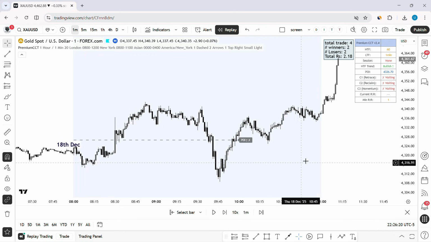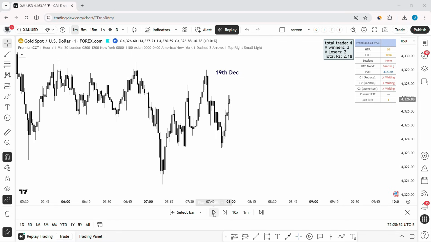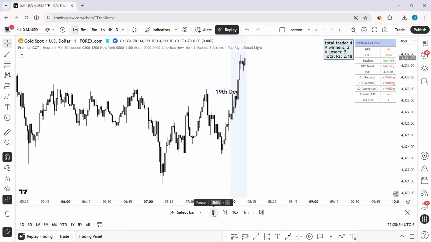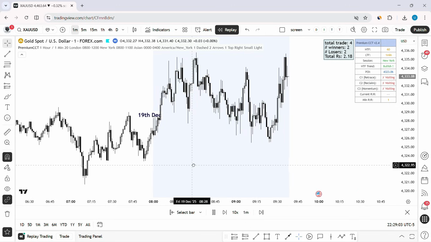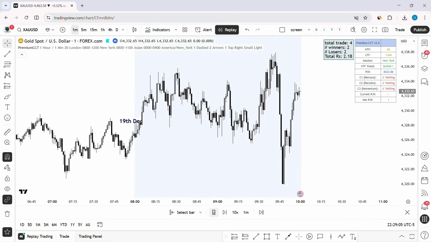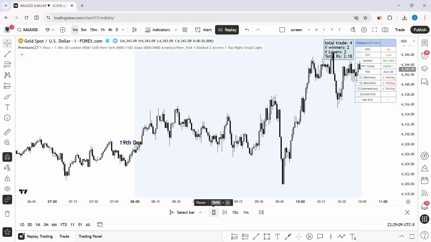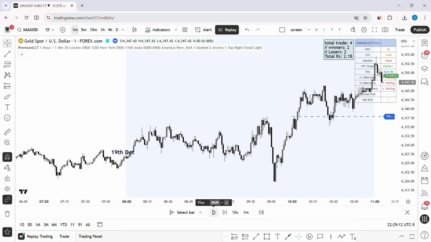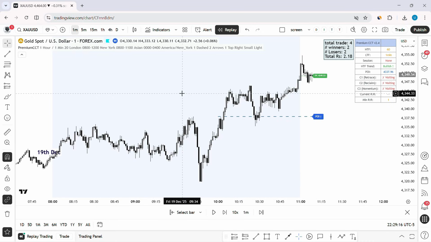So no other trade formed. Let's go to the next day's New York session and see if a trade forms. So no trade formed on the 19th as well.